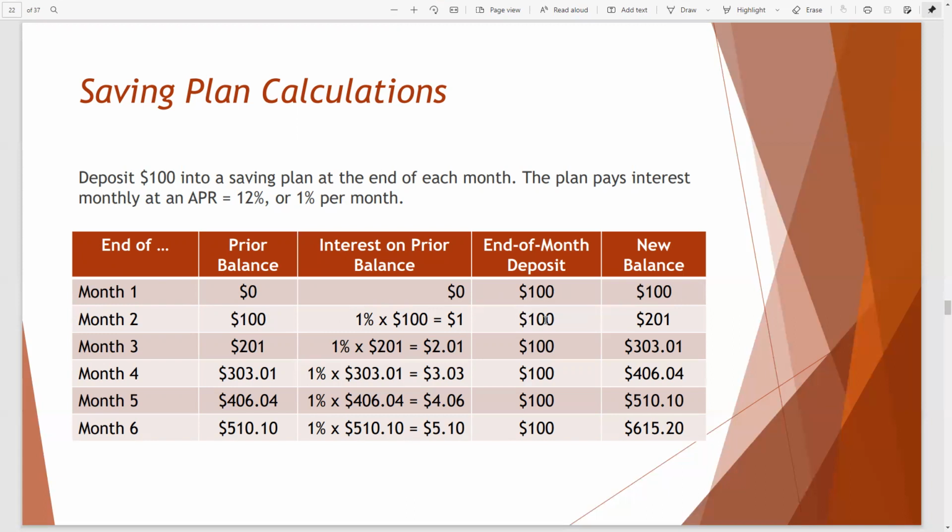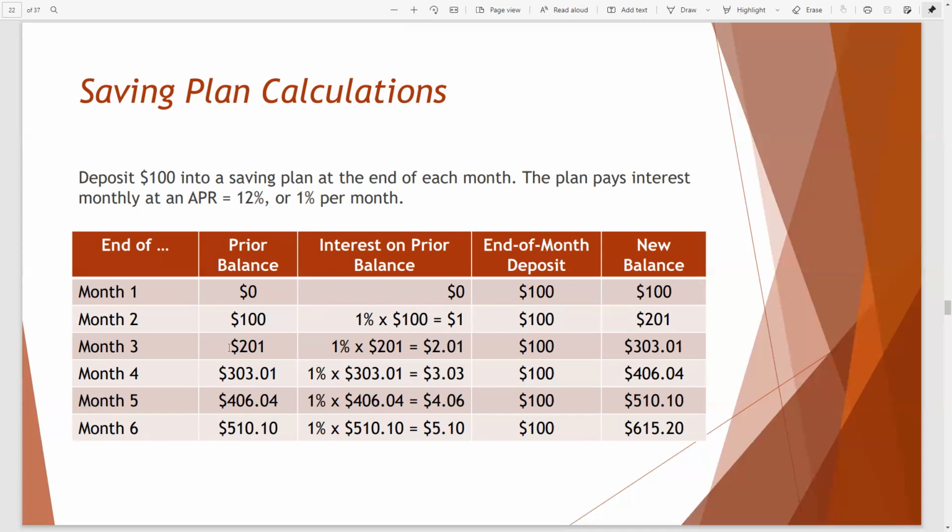At the end of the month you put in another $100 deposit. So the prior balance of $100, plus $1 interest, plus your next deposit of $100, gives $201 at the end of the second month.